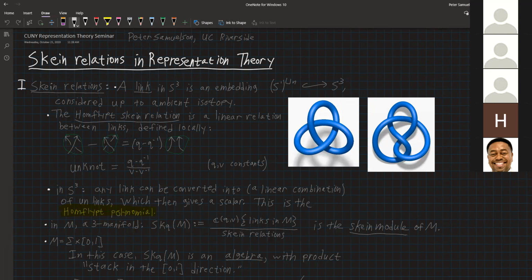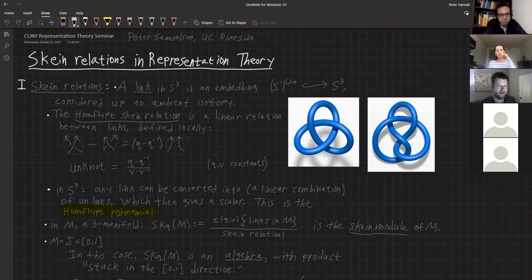So if you have 3 links in S3 or R3, which outside of a ball are the same, and then inside of the ball, the 3 links look like this. So I've circled the ball inside of which the links are different. Then we can impose this linear relation between these 3 links. So here Q is a formal parameter.